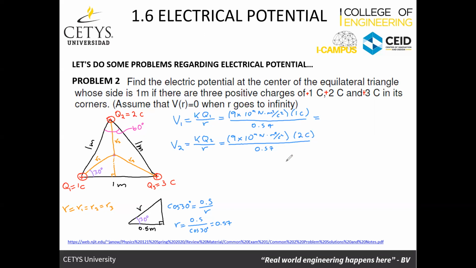Let's leave it at 2 decimals just to round it out. It's 1.57 times 10 to the 10. Are you sure, Lisa? I got this. Good. And we've got V2 here. And then let's see, V3 would be K Q3 divided by R.